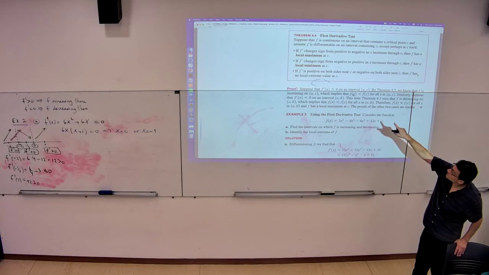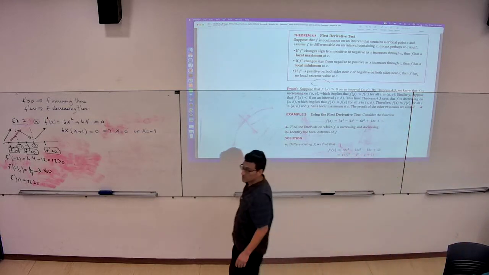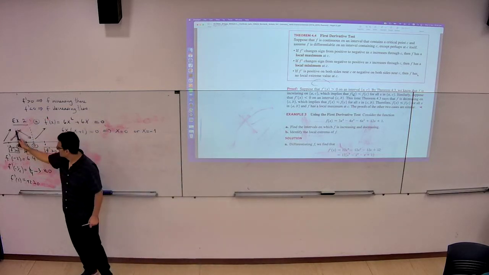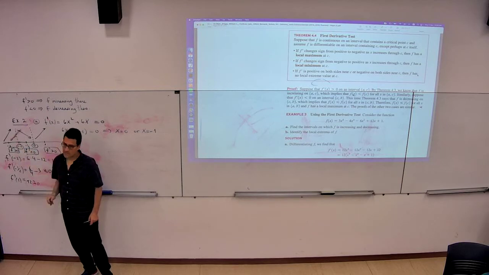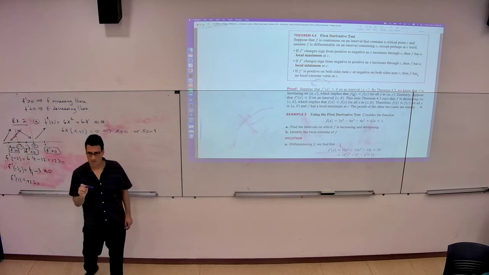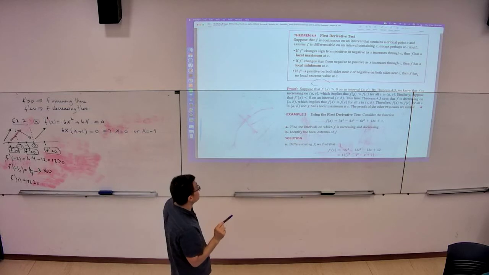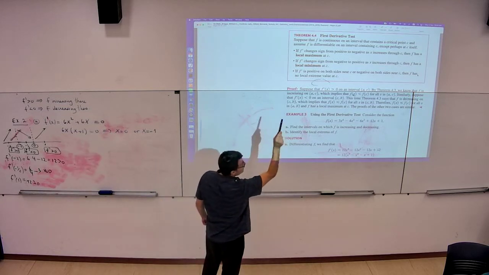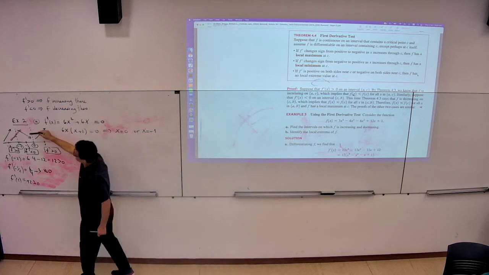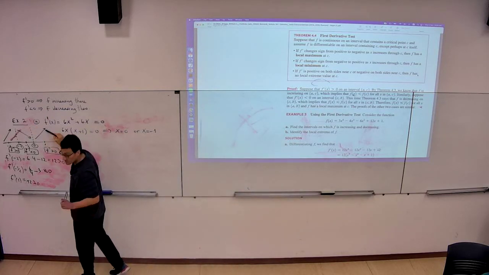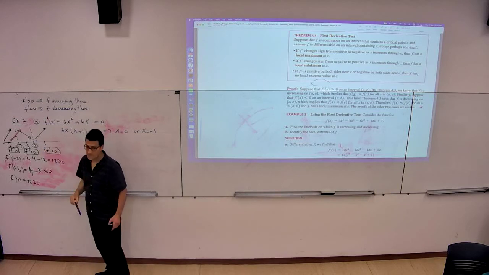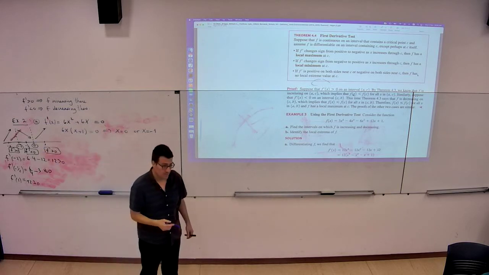If the derivative changes sign from positive to negative, then this critical point is a local maximum. Alright? That's what the theorem says. If the derivative changes sign from negative to positive, then the function has there a local minimum.